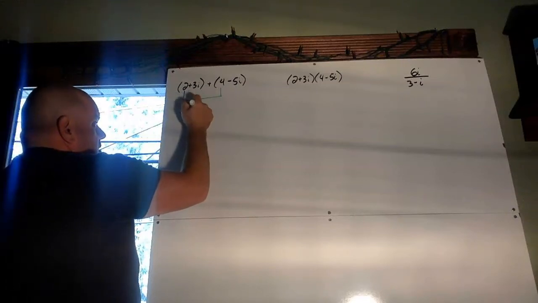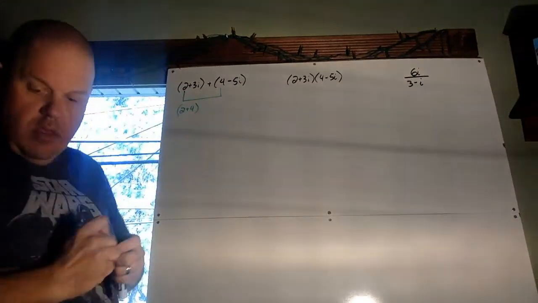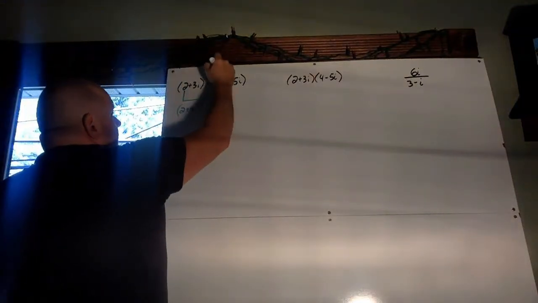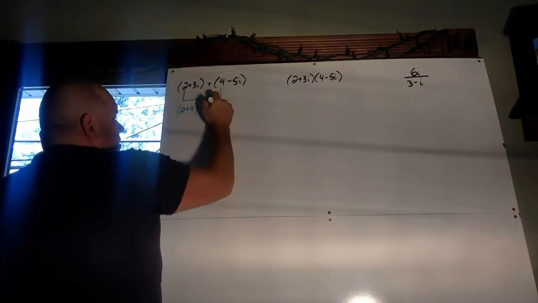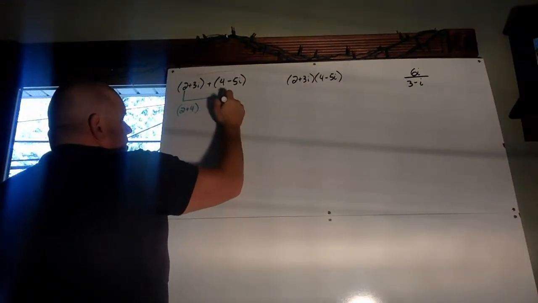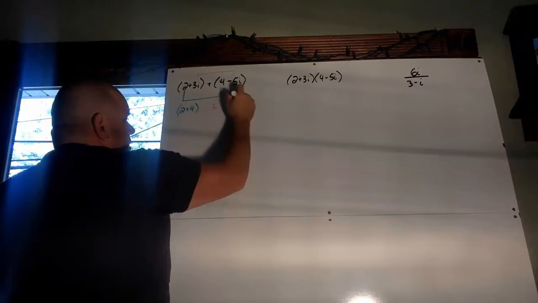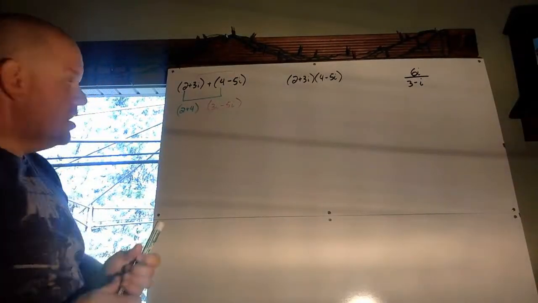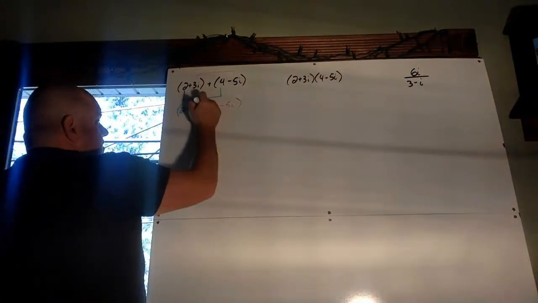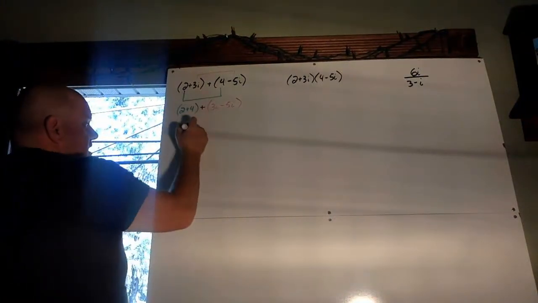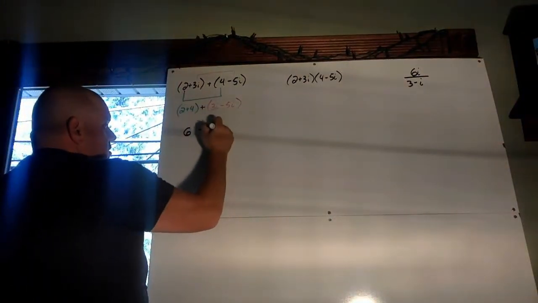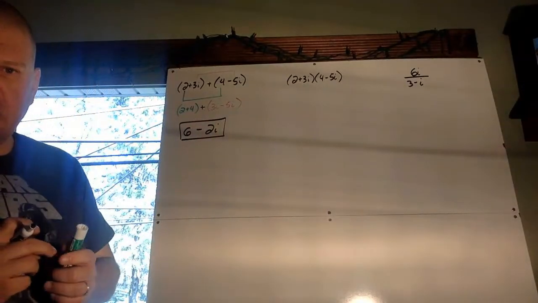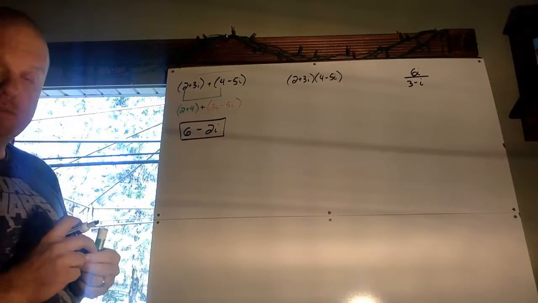And pink, 3i and 5i can be combined. So that gives us an answer here of 6 minus 2i.